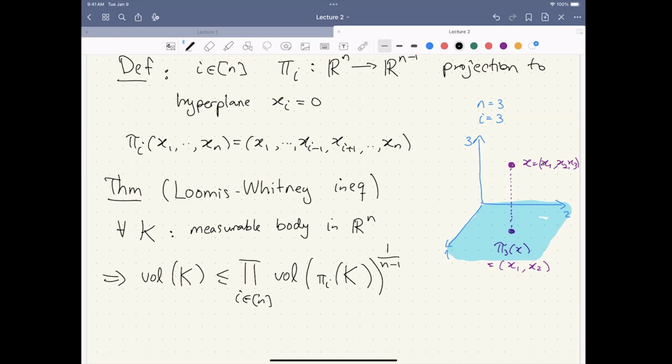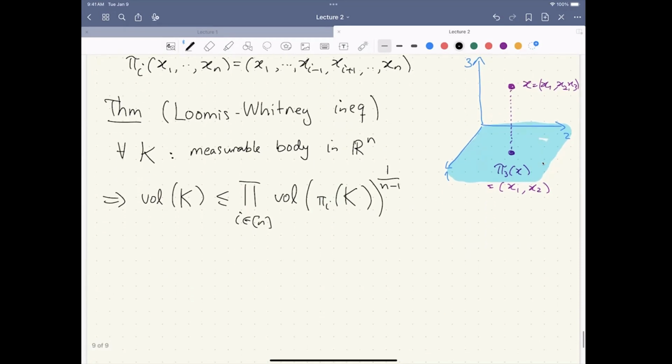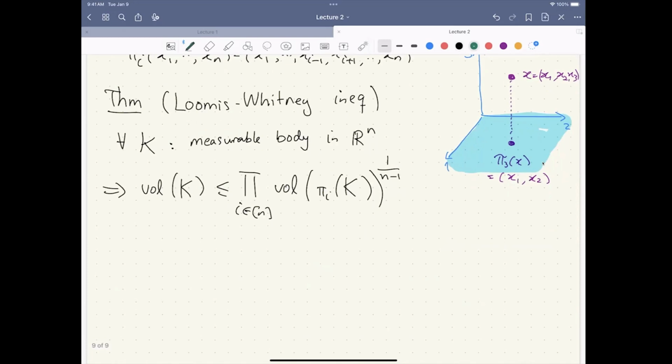Okay, let's first see this inequality is not insane. Sanity check. Why this makes sense. It is optimal in particular when K is an axis-aligned box. Remark: tight for K being axis-aligned parallel boxes.